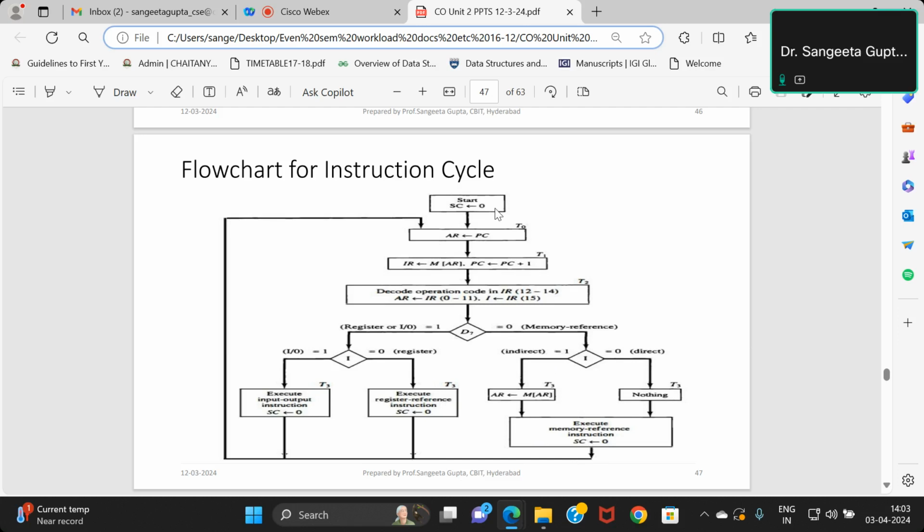So to summarize, the instruction cycle is a cycle which is followed by any instruction that has to be executed in a program. If a program contains a sequence of instructions, then every instruction has to go through the following 4 phases. That is, fetch the instruction, decode the instruction, calculate the effective address, and then execute the instruction.